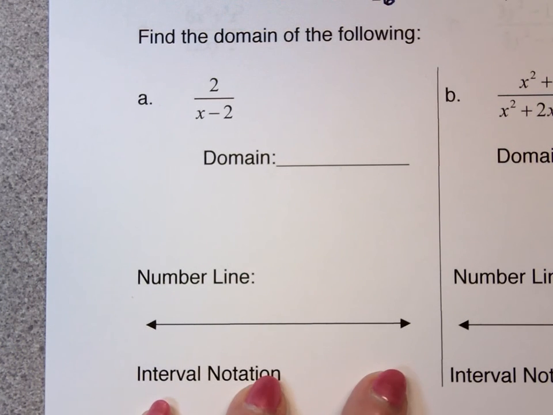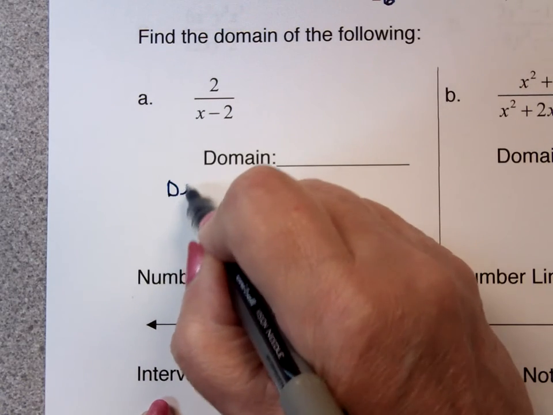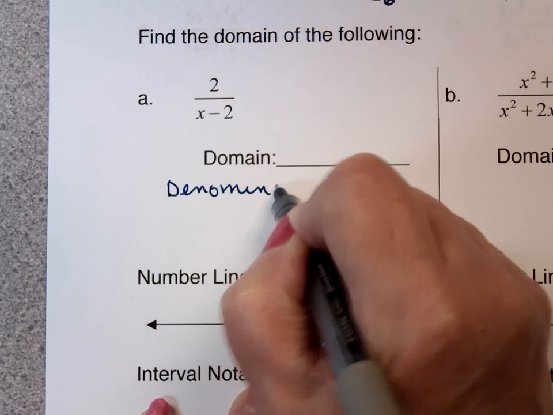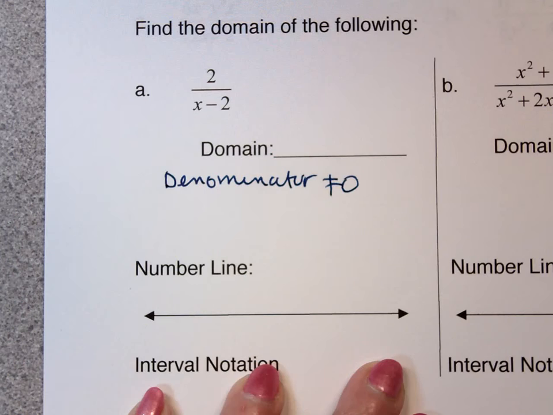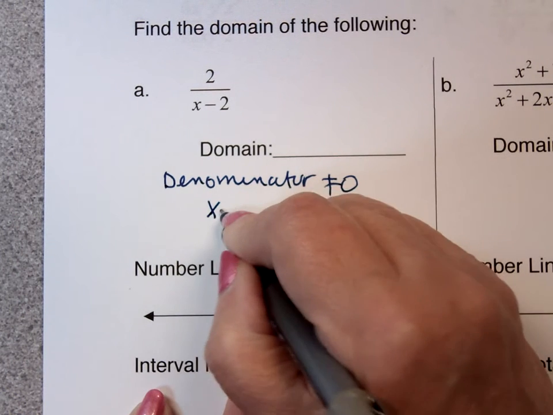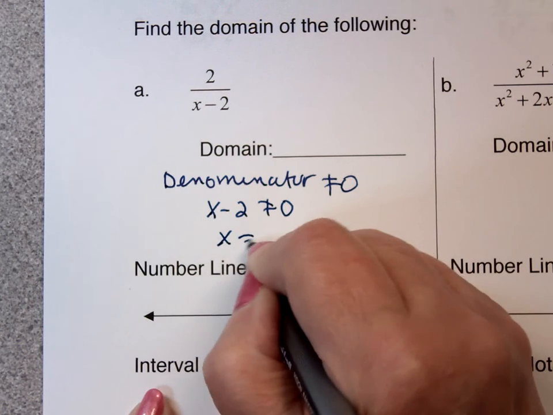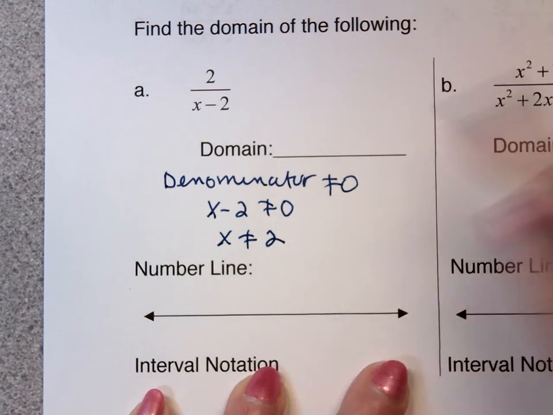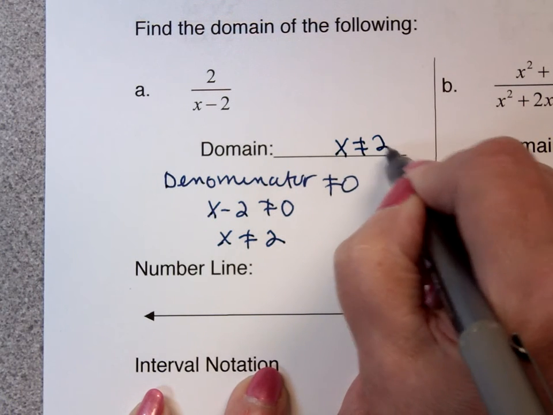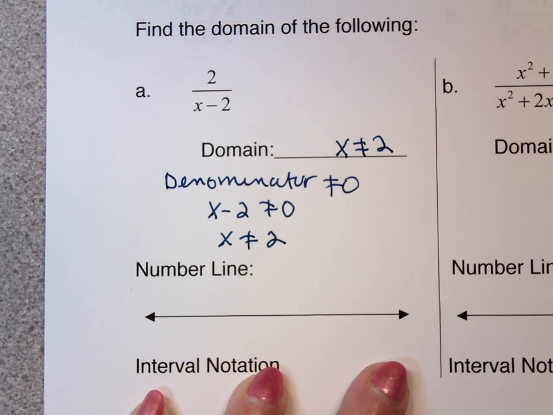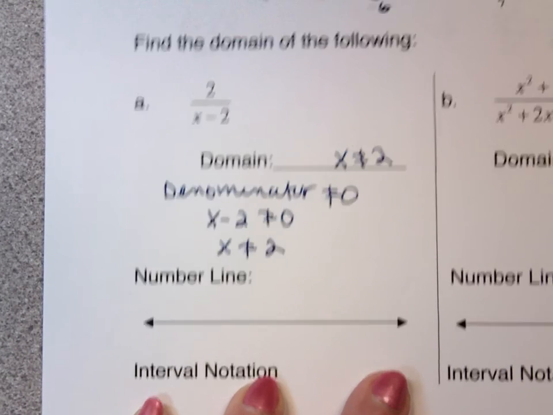Find the domain. I look at this and I know the denominator can't be 0. That says that x minus 2 can't be 0, or x can't be 2. In this class, if you just write x can't be 2, I'd accept that answer.